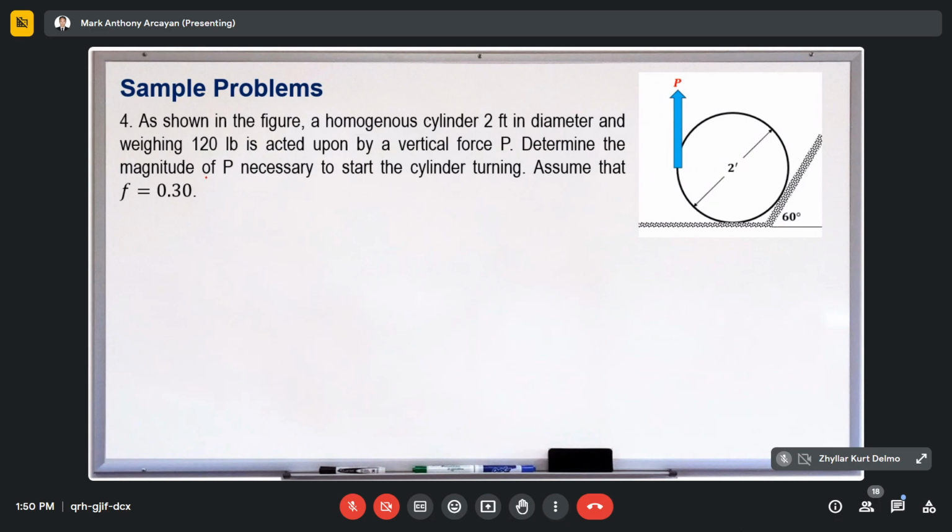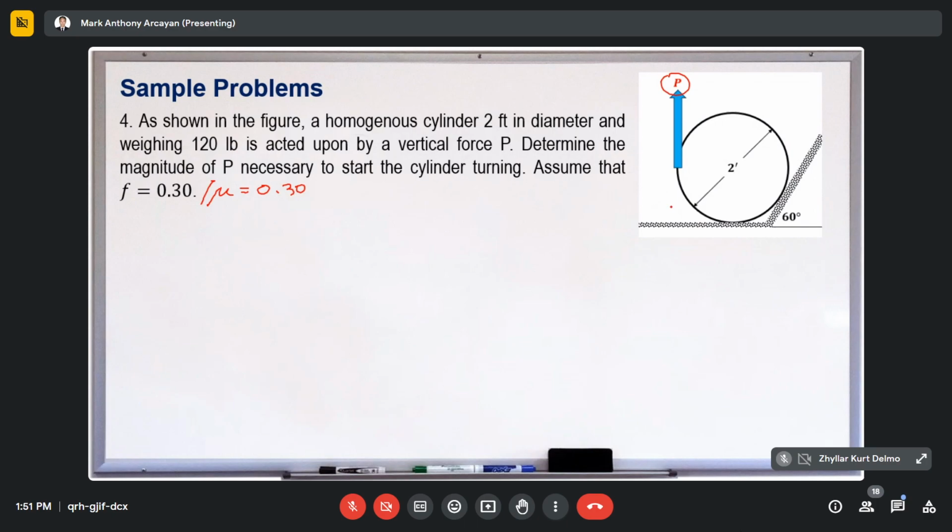Now, determine the magnitude of P necessary to start the cylinder in turning. Assume that the coefficient of friction, or commonly atong gigamit ani kay mu, is equal to 0.30. Okay. So, pila daw ang required nga force P para mo tuyok ni siya, no?